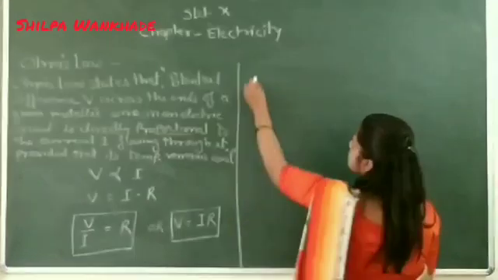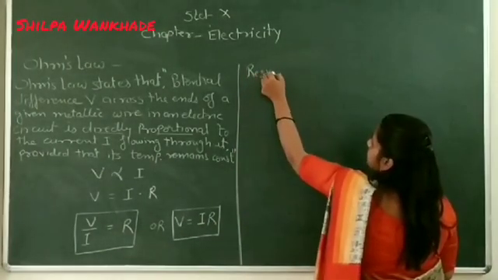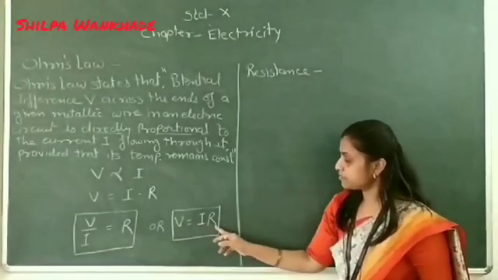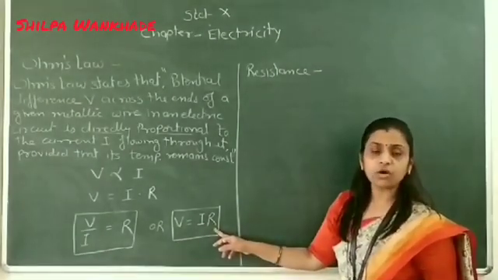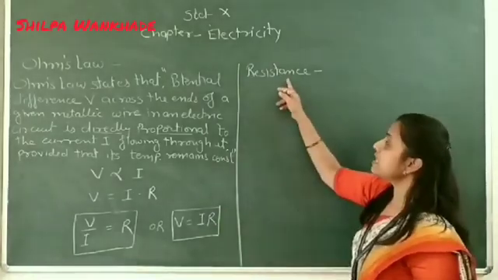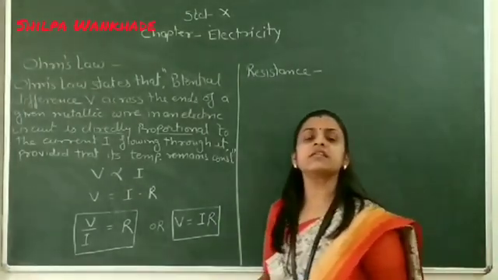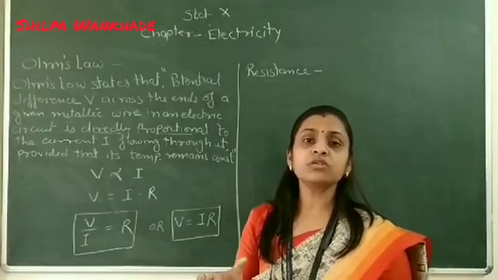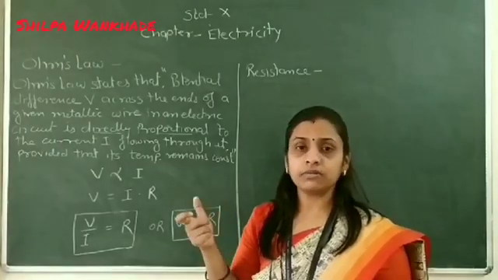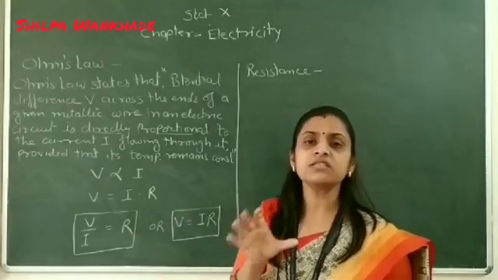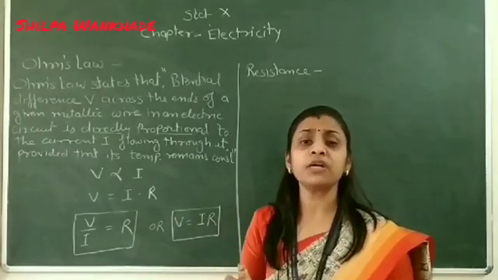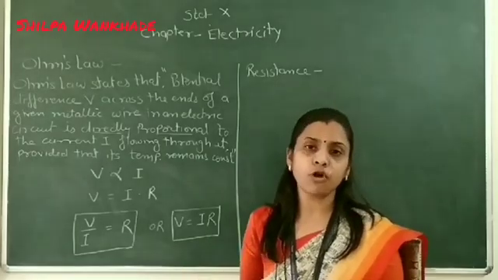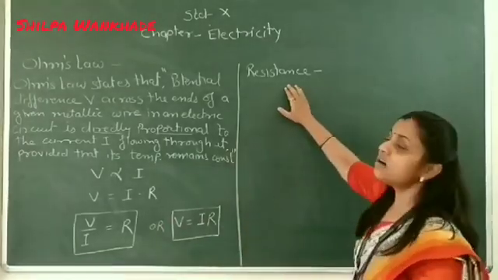Now what do you mean by resistance? As we have seen, the resistance is the constant of a given metallic wire. So what is that resistance? Resistance is nothing but the property of a conductor which opposes or resists the flow of current. So this is the property of any metallic wire which resists or opposes the flow of current, and that is called the resistance.